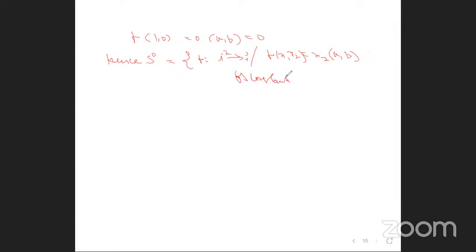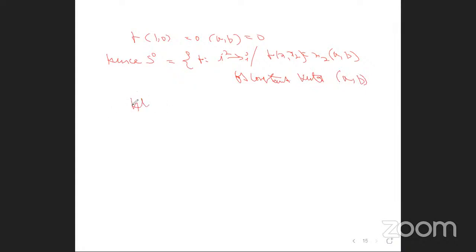So f of (1, 0) equals 0. Hence S naught equals f from R square to R such that f of (x1, x2) equals x2 times (a, b) for a constant vector (a, b).